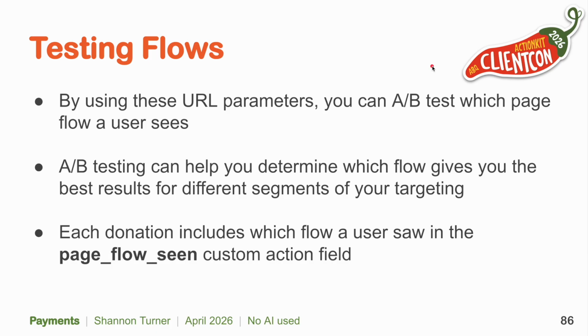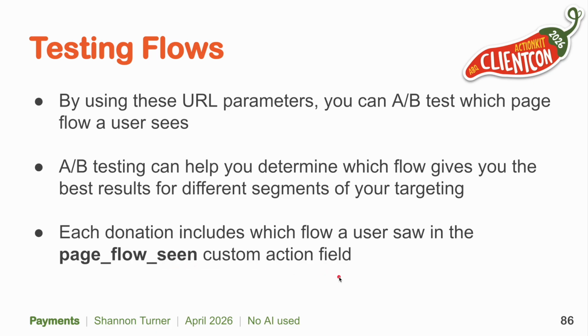So if you want to A/B test your flows yourself, you can control which flow a user will see by including that flow URL parameter in all of your links. Or you can just leave it out and we'll show you what we think is the best flow for each user. Either way, you'll know which flow a user saw when they make a donation if you check the page flow seen custom action field.